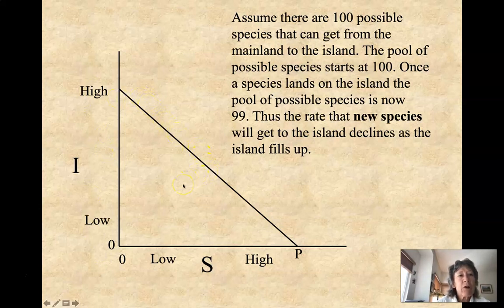Once one species arrives on the empty island, the pool of possible new species that can arrive on the island is now 99. Once two species arrive on the island, the pool of possible species is 98. Thus, the rate that new species get to the island declines as the island fills up.